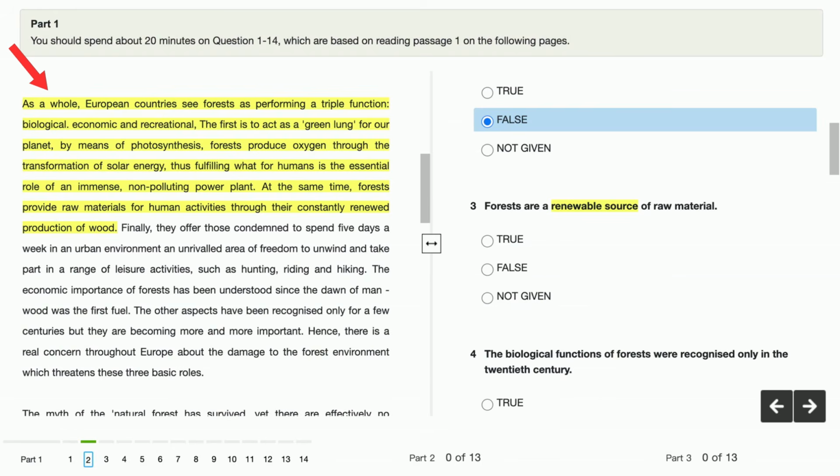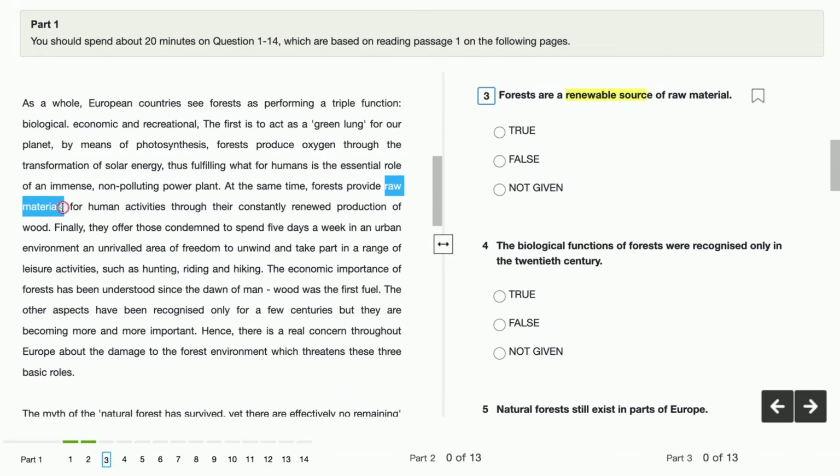By means of photosynthesis, forests produce oxygen through the transformation of solar energy, thus fulfilling what for humans is the essential role of an immense, non-polluting power plant. At the same time, forests provide raw materials for human activities through their constantly renewed production of wood. So here it mentions raw material.